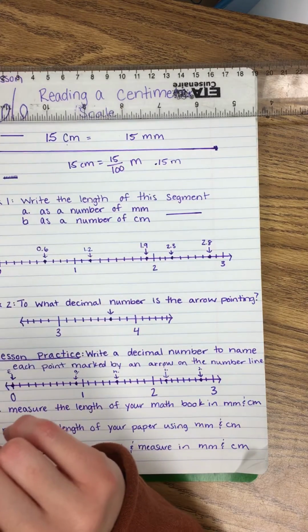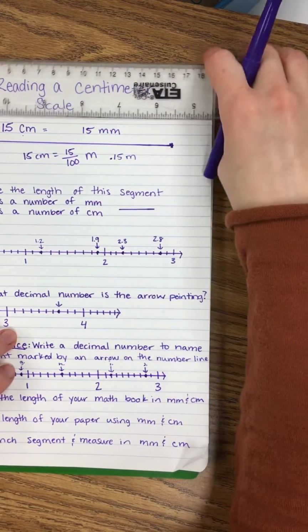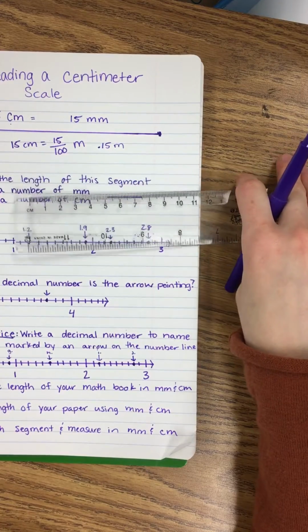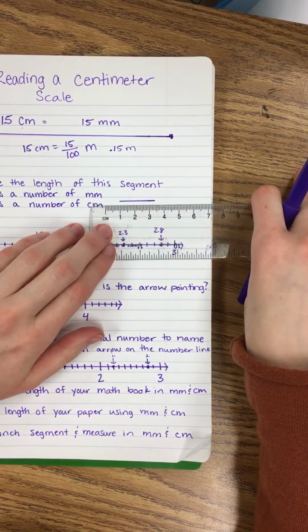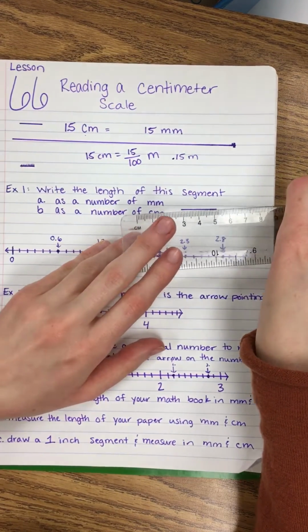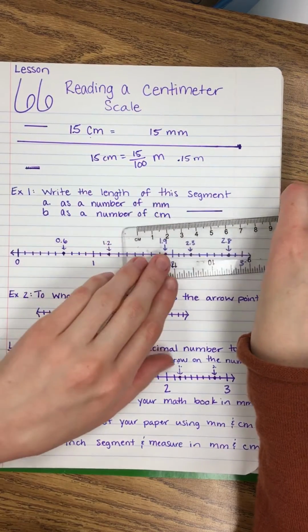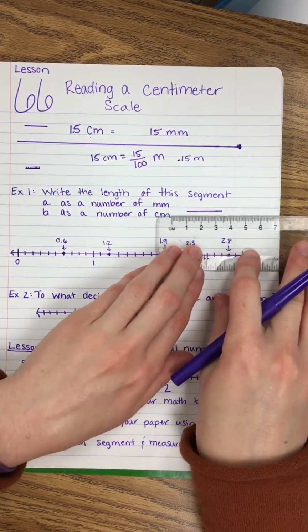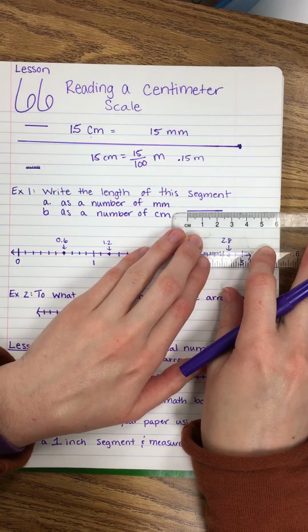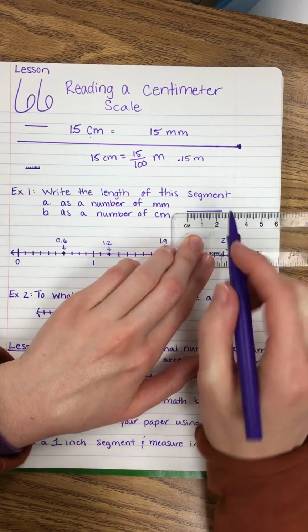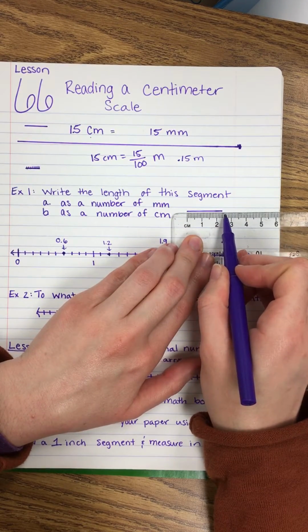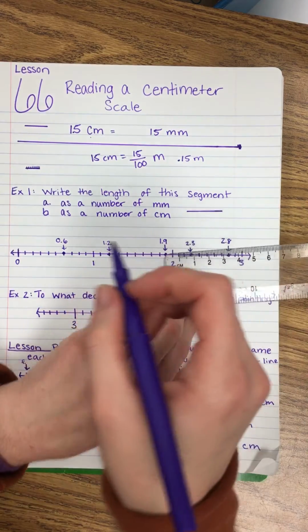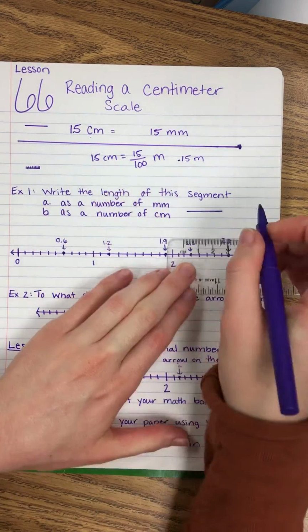Example 1: write the length of this segment. The length of this segment is 2.4 centimeters.